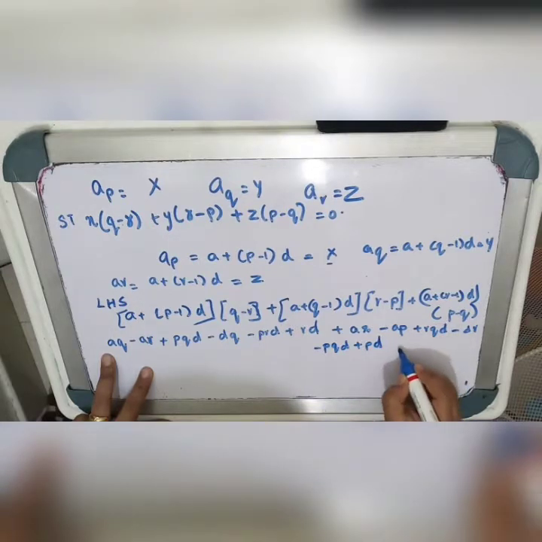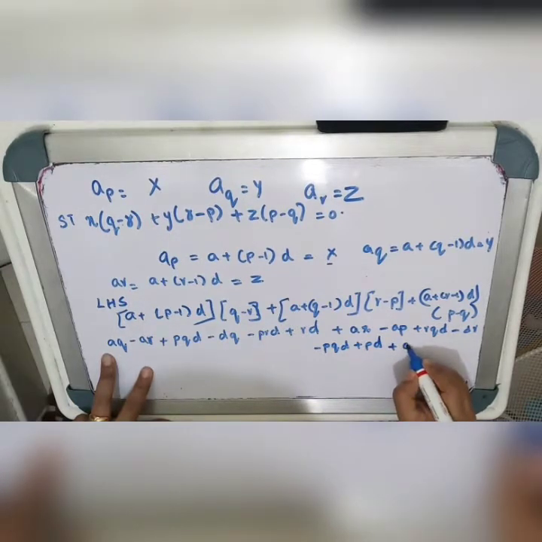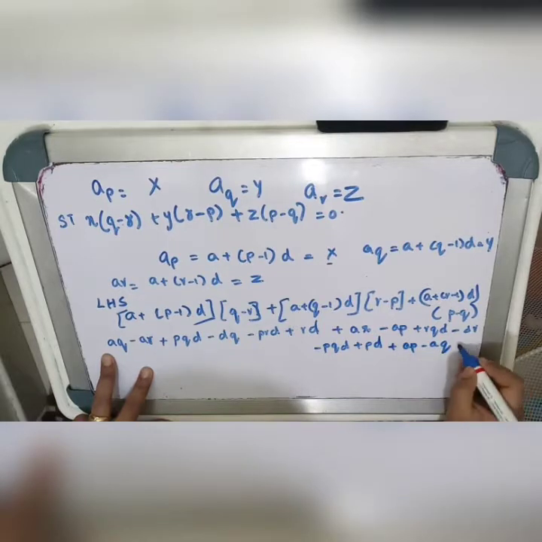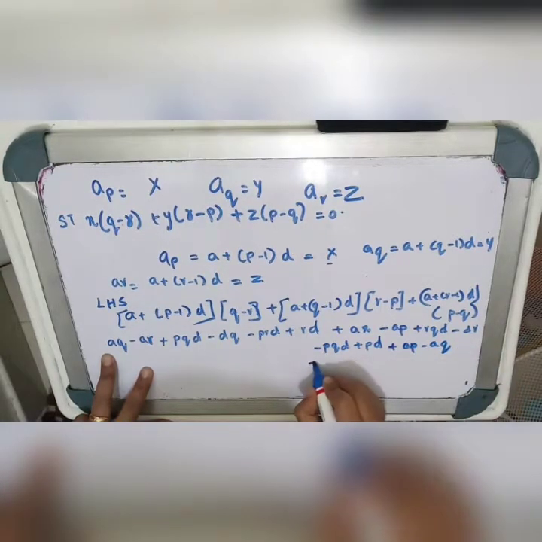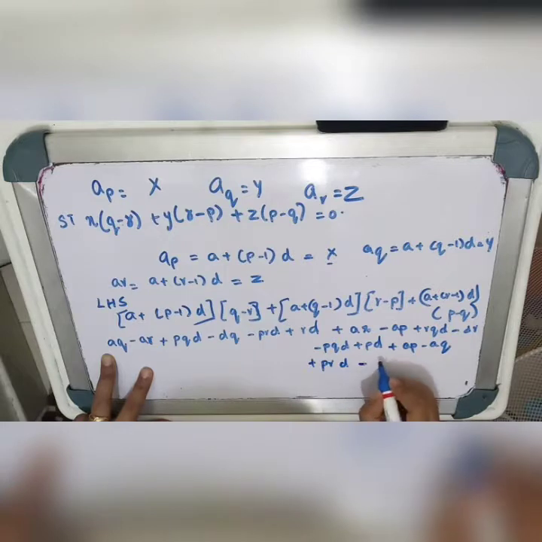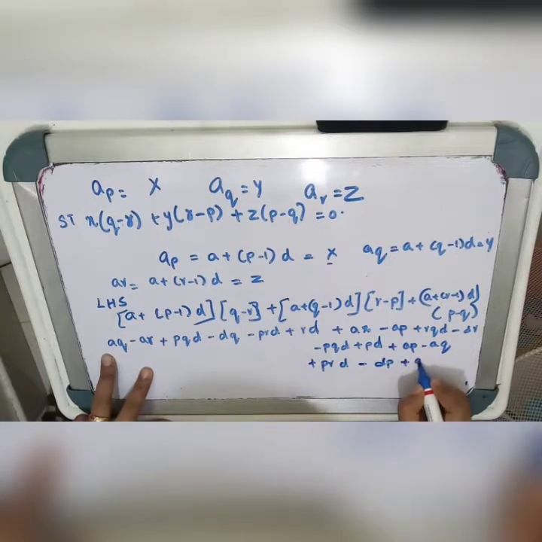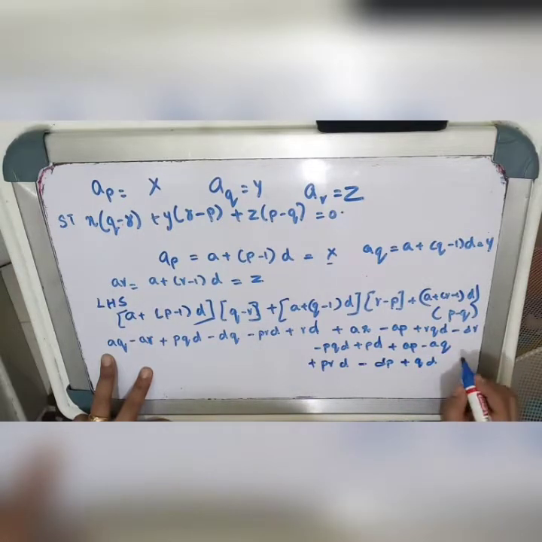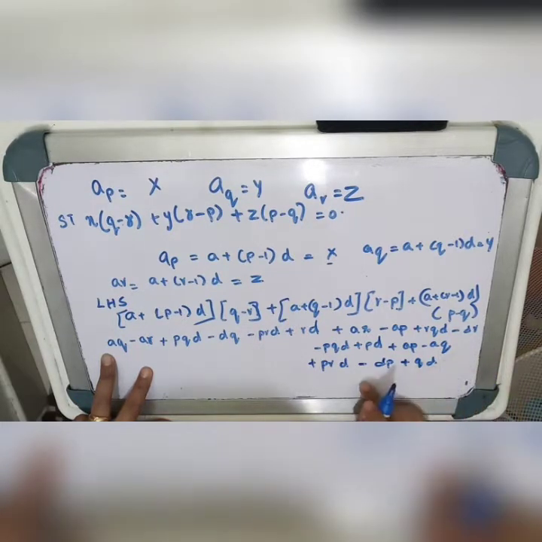Now we'll expand this term: plus AP minus AQ minus plus PRD minus DP plus QD. So have we got all the terms?